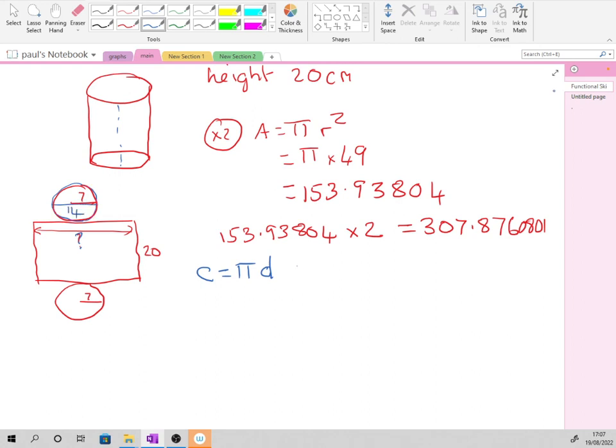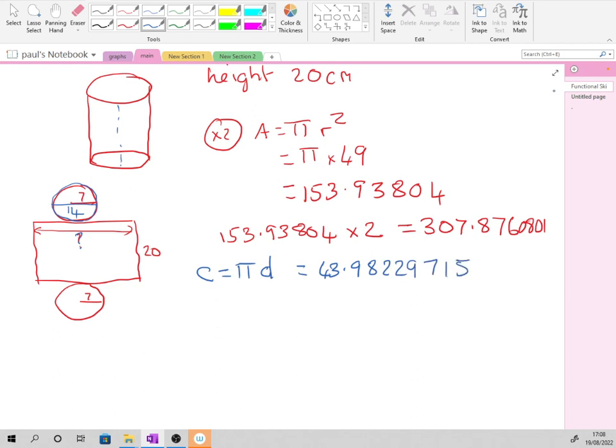So pi button again. So shift pi times 14 is 43.98229. Oh, hundreds of numbers, yeah?